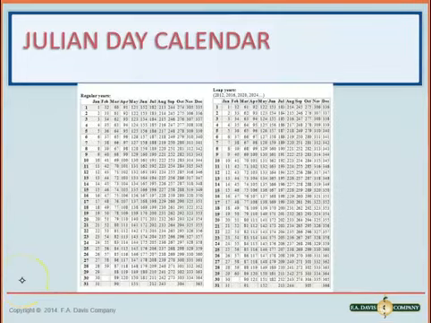Okay, these are examples of our Julian day calendar. A regular year has 365 days, but a leap year has 366 days. Okay, so why does it have 366 days? It's because a leap year is where we add an extra day to the end of the shortest month of the year.